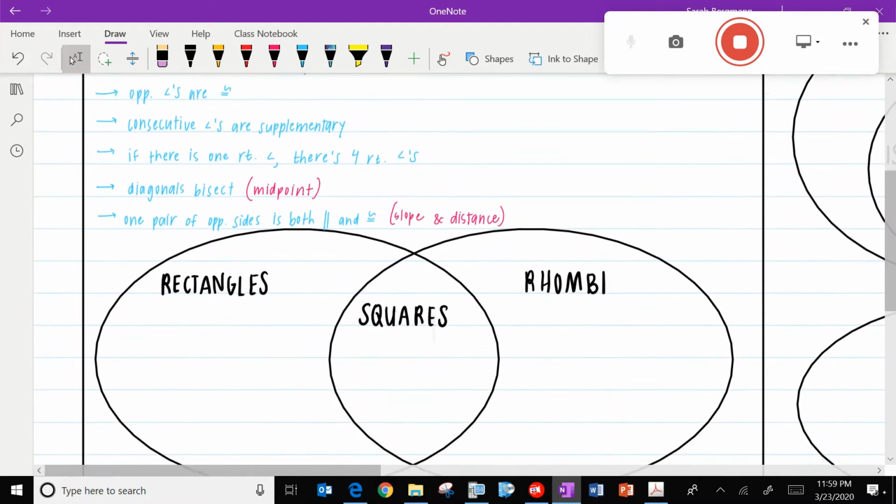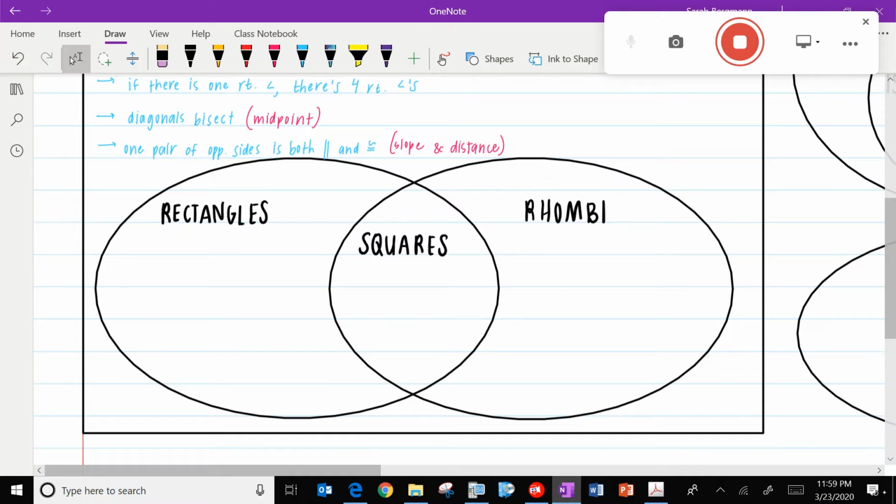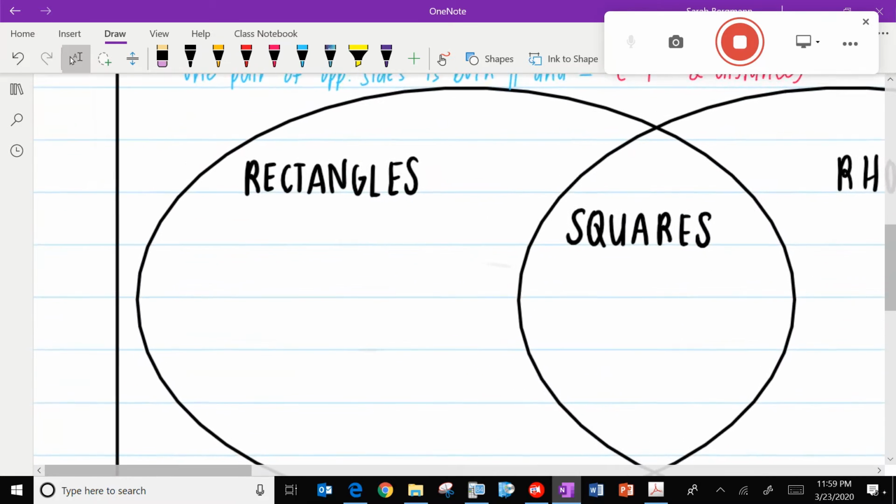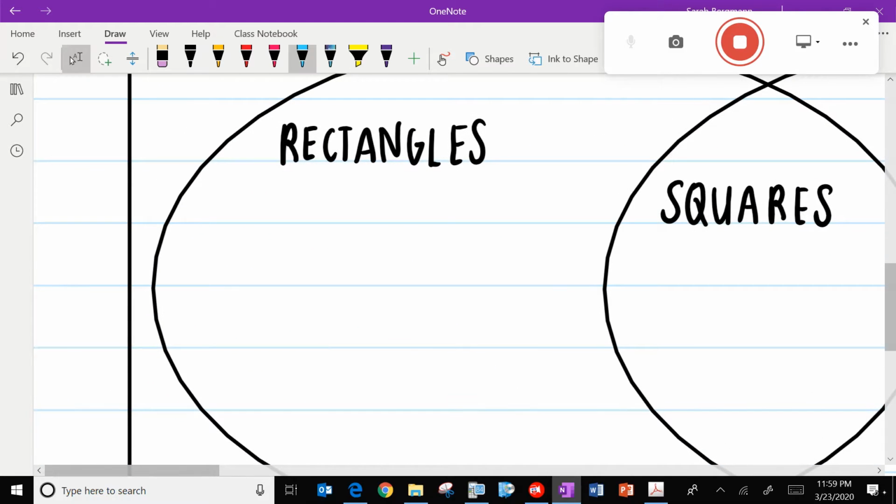Now we learned a few specific types of parallelograms. First, we learned about rectangles. Rectangles are parallelograms that have four right angles.